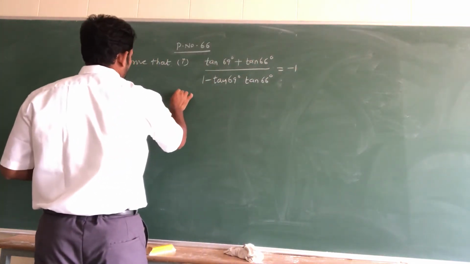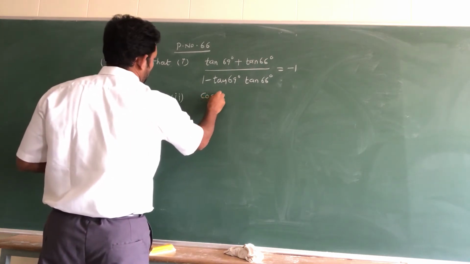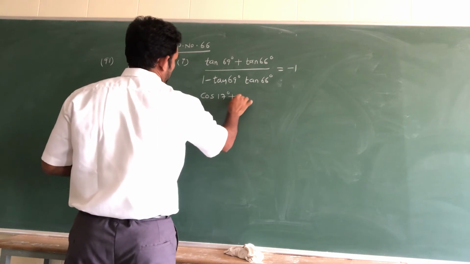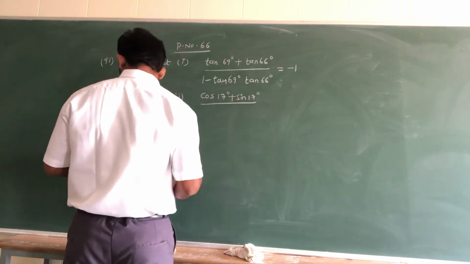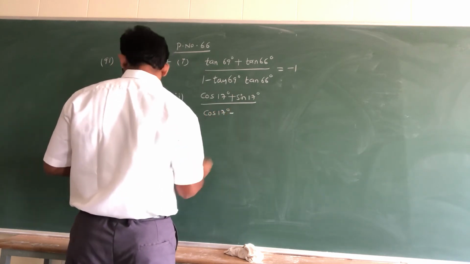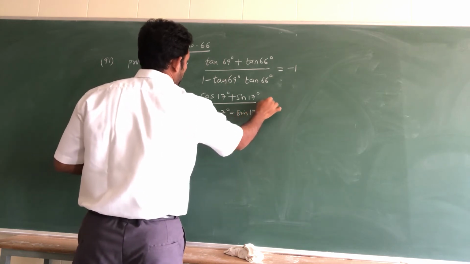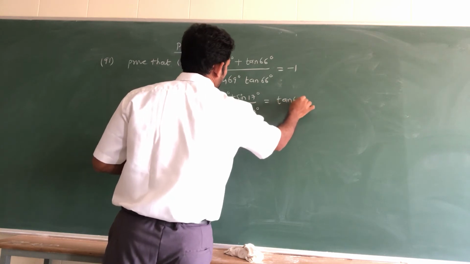Second question, cos 17 degrees plus sin 17 degrees divided by cos 17 degrees minus sin 17 degrees is equal to tan 62 degrees.